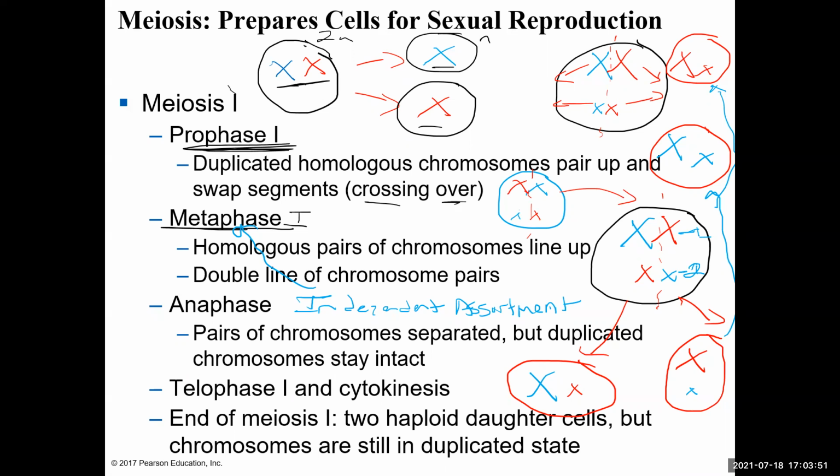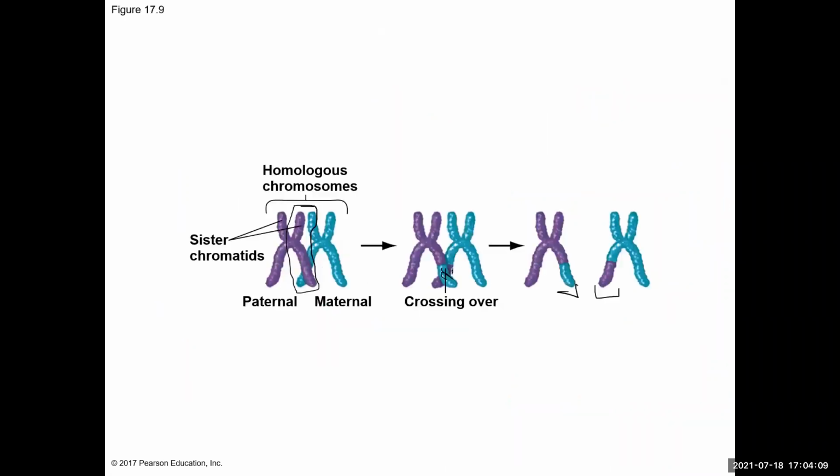And so again, that independent assortment is leading to more genetic variation. So two ways that sexual reproduction adds to genetic variation is through crossing over and independent assortment, okay? So those are two big things to make sure you understand.